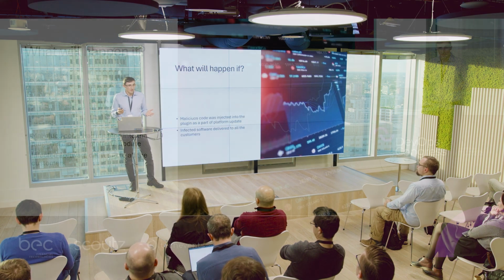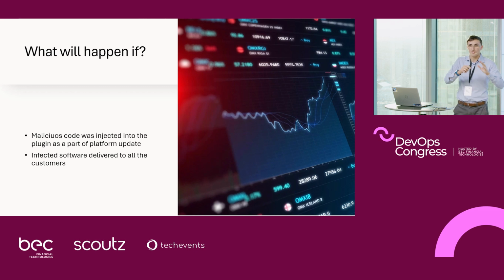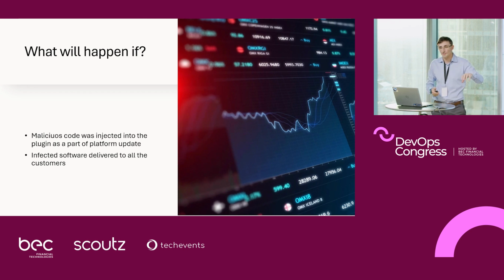So let's think, what will happen if, for example, we have a company and a system. The system is distributed to multiple dozens of different customers, and at the central place in this company, we have some kind of update platform to propagate updates to each instance at the customers.